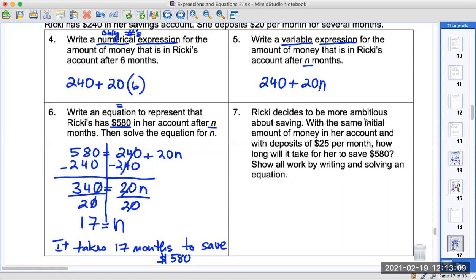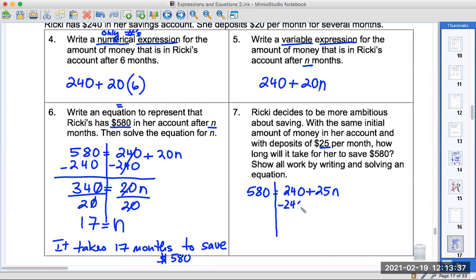Ricky decides to be more ambitious, meaning she's going to save more. She's saving $25 a month. So we're upping this to 25. Everything else stays. We want to know how fast she can save 580 bucks if she makes it 25. She starts out with 240 and then adds $25 per each month.